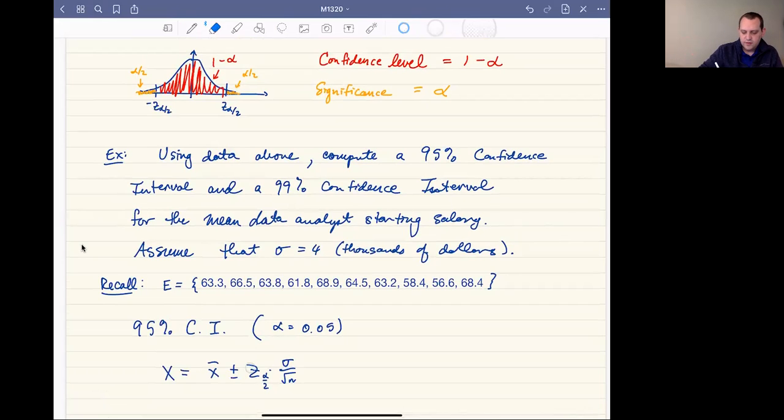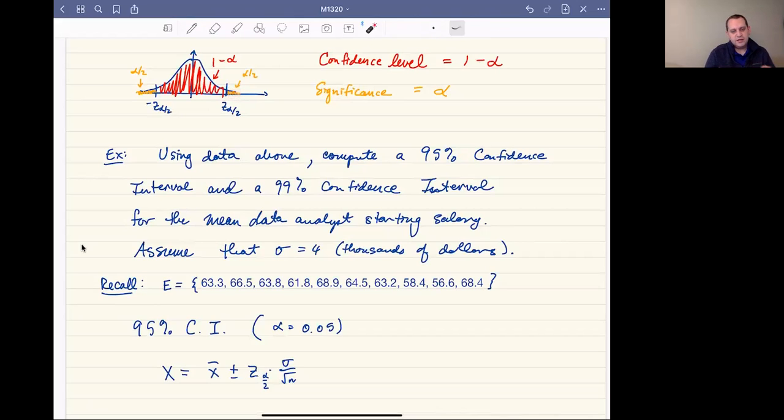It's a very hand-wavy introduction to the formula, but it really just involves knowing a few things. It involves knowing the formula for the standardized variable and solving for x, which gives the unstandardized variable. Then remember that the notation z sub alpha over 2 is exactly the cutoff so that the area under the curve is alpha over 2.